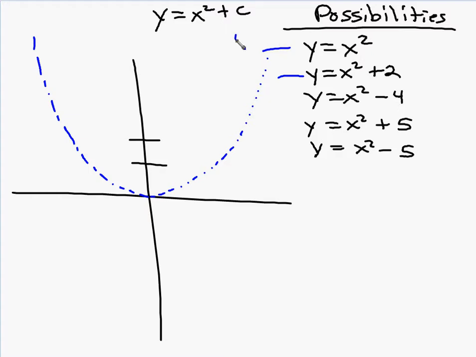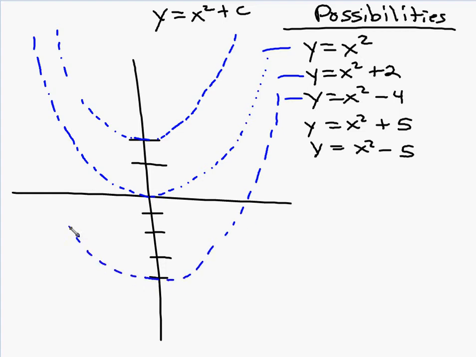So it'd be something like this. And then we'll do x squared minus 4, which would be down here. And then we can do x squared plus 5, which would be up here. And then we could do x squared minus 5, which would be down here. Something like this.